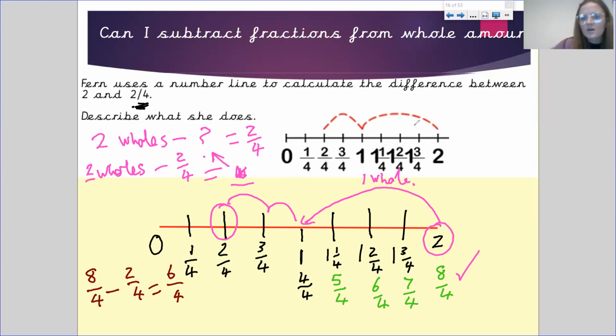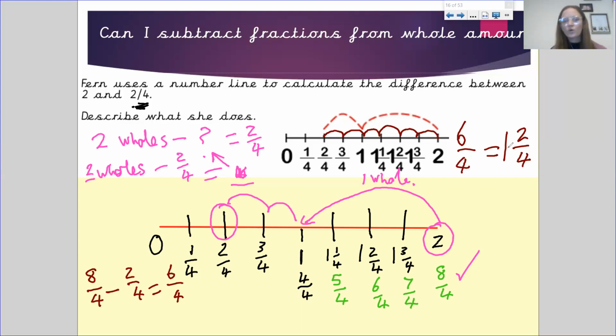Let's count with our jumps of how many quarters we've got. So there's 1, 2, 3, 4, 5, 6, 6 quarters. And 6 quarters is the same as 1 and 2 over 4.